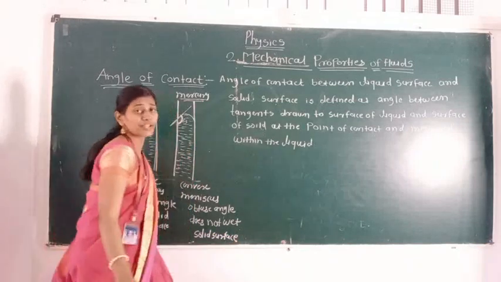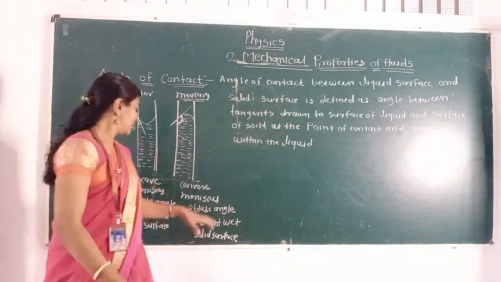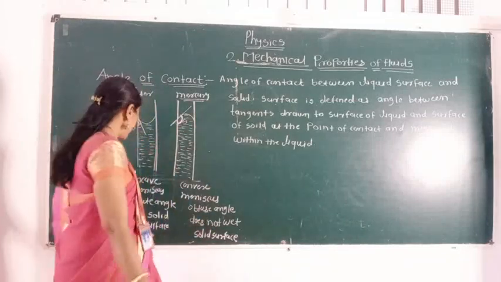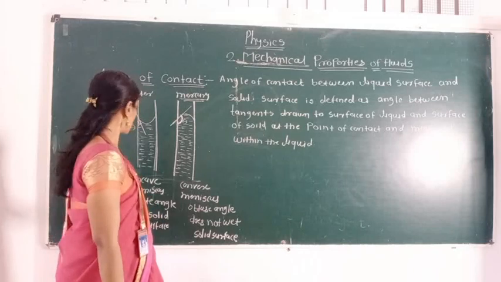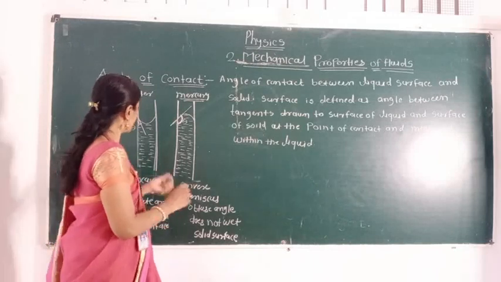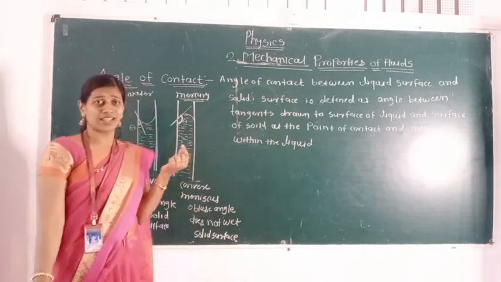We know mercury does not wet the surface of the solid, but water, or glass, wets the surface of the solid. See, these are present in a capillary tube.